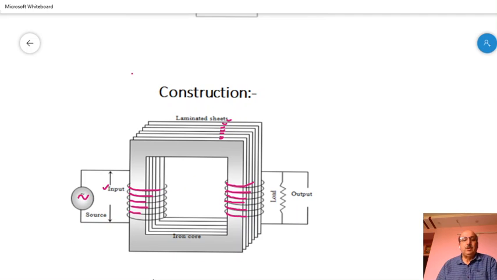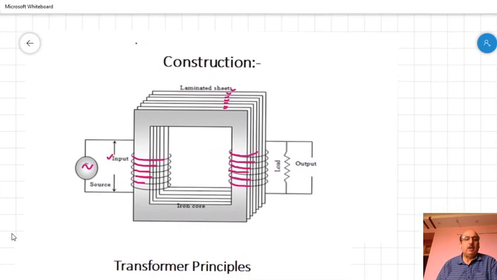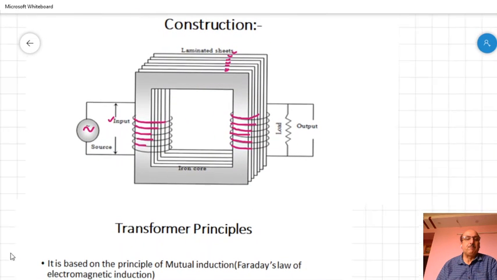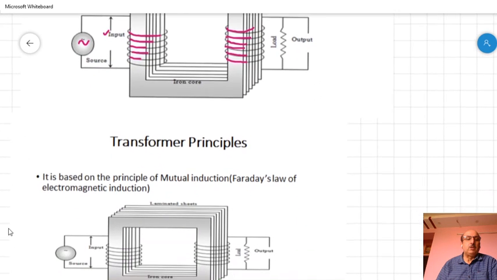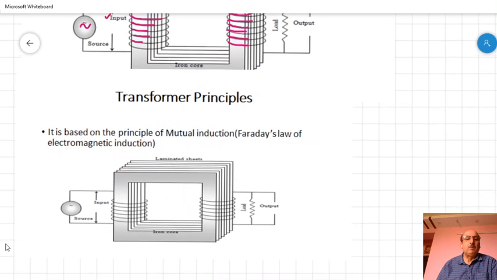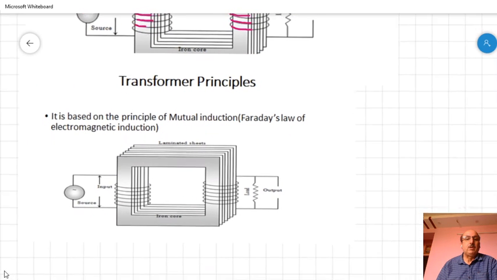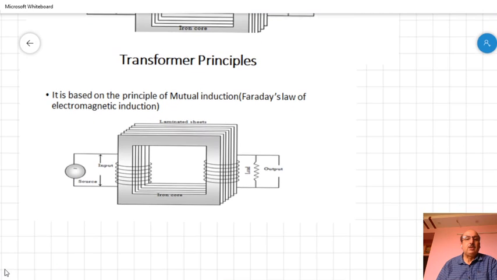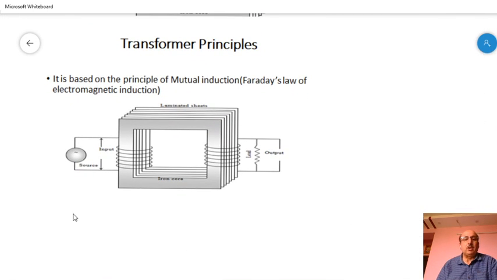Now next point, how does a transformer work and what is its principle. The transformer is based on the principle of mutual induction, that is Faraday's law of electromagnetic induction. Mutual induction is based on the flux linkage of one coil to another coil.